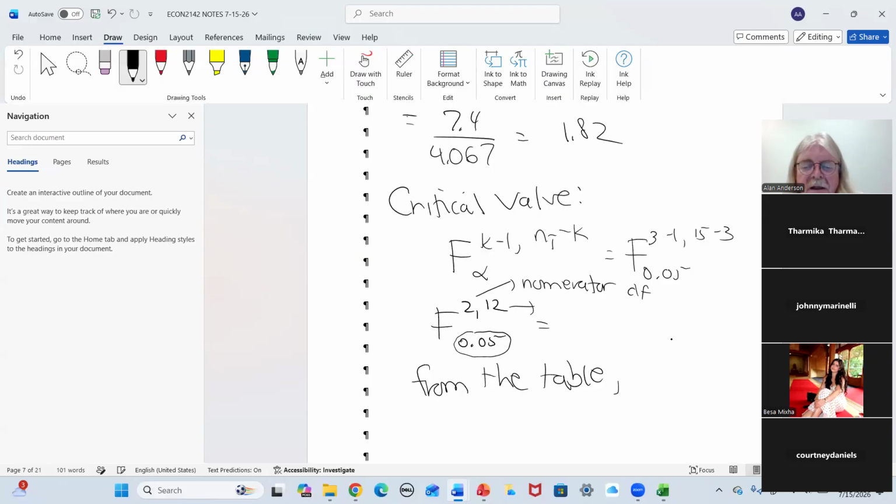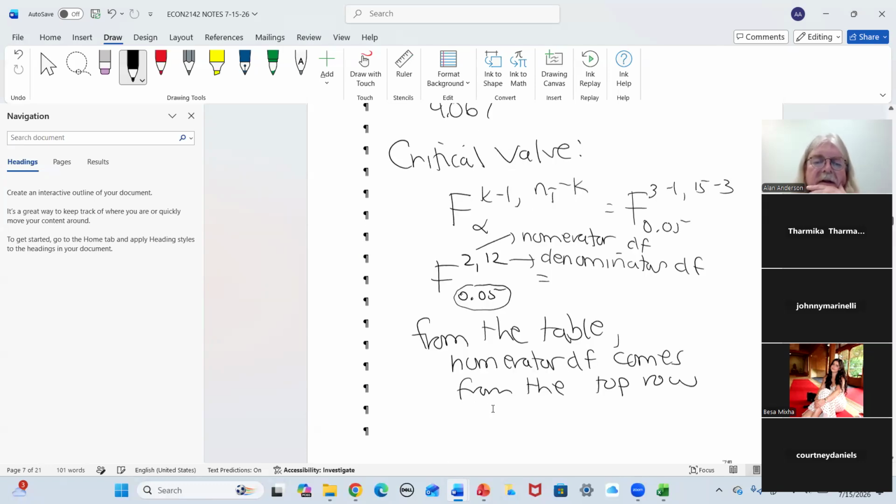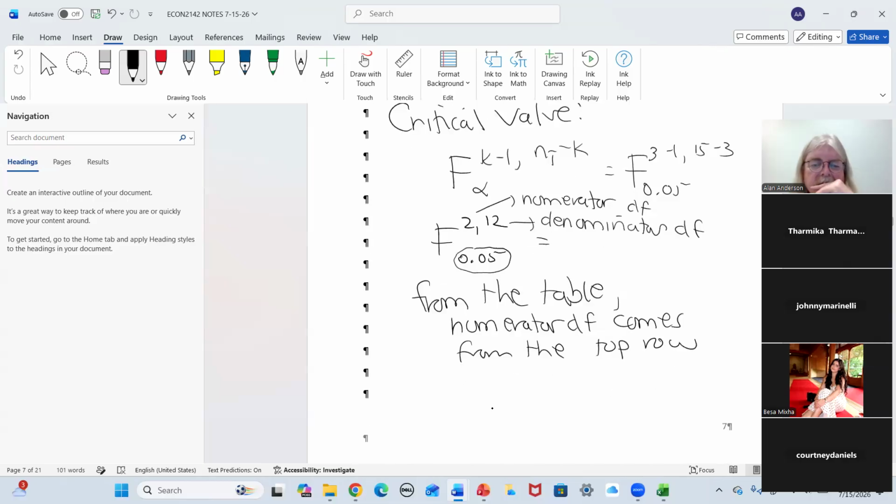And here we have the denominator degrees of freedom. So numerator degrees of freedom comes from the top row. Denominator degrees of freedom comes from the first column.